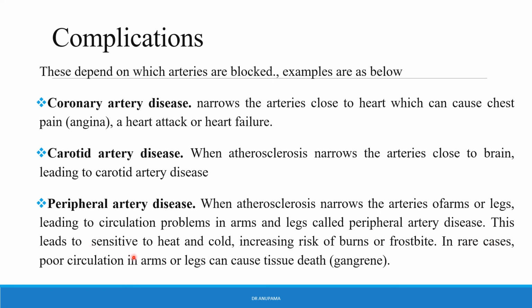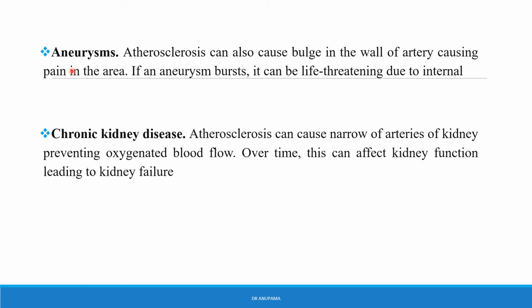This leads to sensitivity to heat and cold, increases risk of burns or frostbite, and in rare cases poor circulation in arms or legs can even cause tissue death, that is gangrene is seen. Aneurysms. Atherosclerosis can also cause bulge in the wall of artery causing pain in that area.